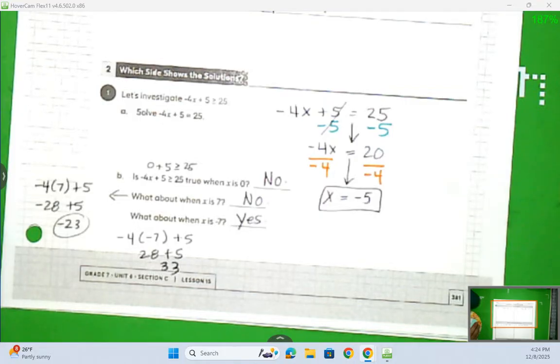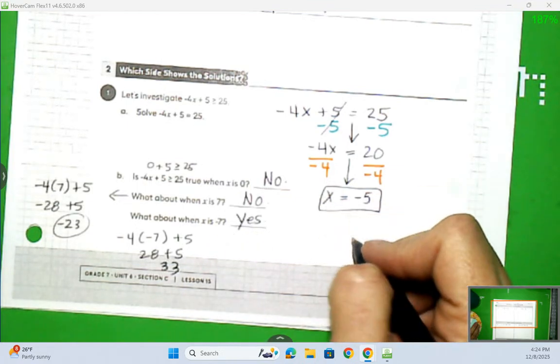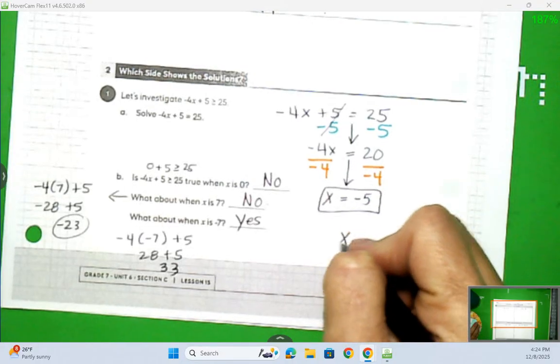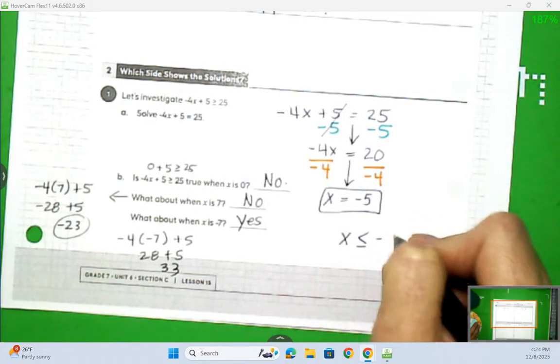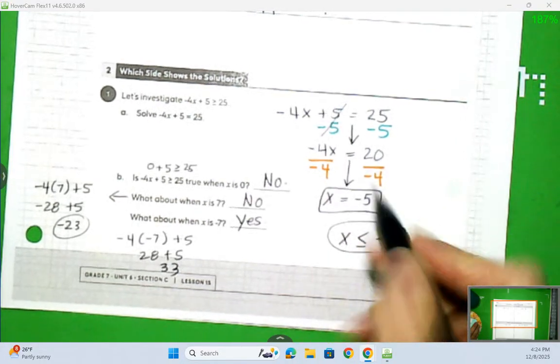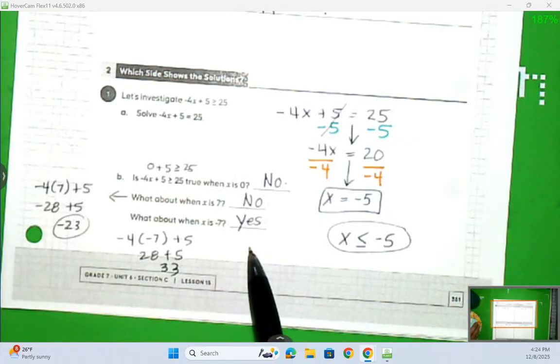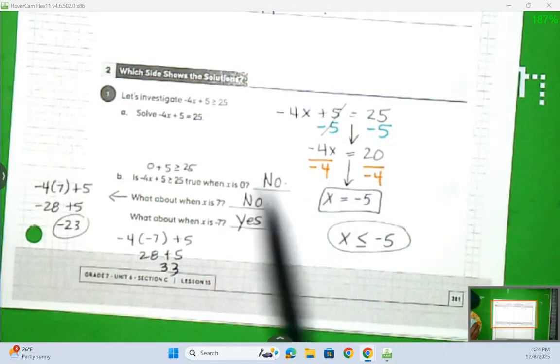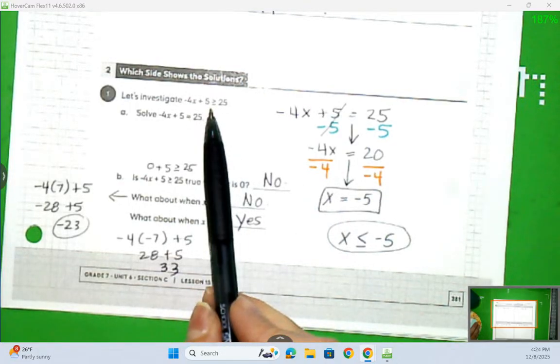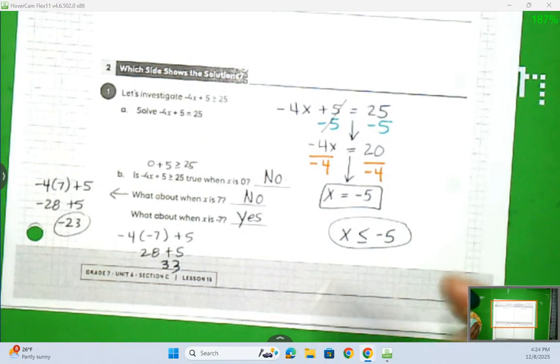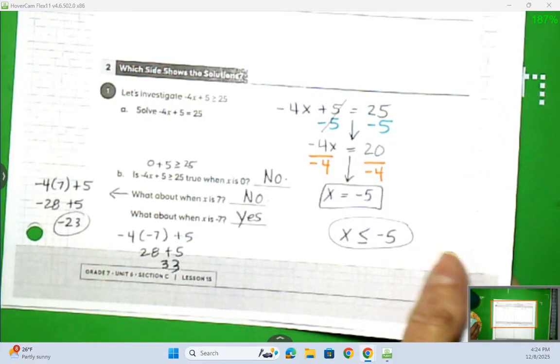Which way do we want to think about that now? It looks like the more negative your answer is the correct way to go. So we're going to say that x is going to have to be less than or equal to negative 5, because we notice that the 7 is not going to work. We're going to work this out with the inequality symbol on the next page. If that didn't make sense to you, let's just work it out.